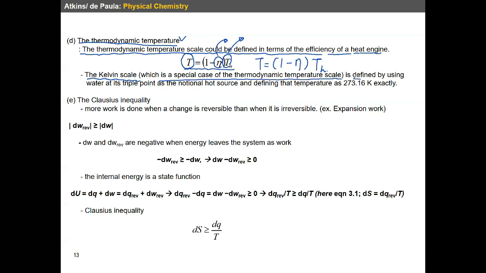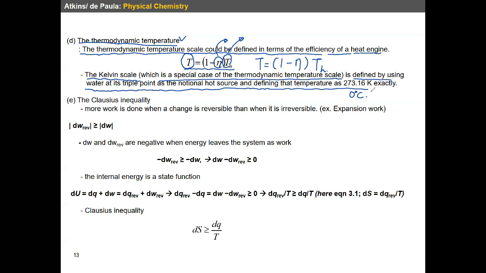It is defined by using water at its triple point as the notional hot source and defining that temperature as 273 Kelvin exactly, which is 0 degrees C.